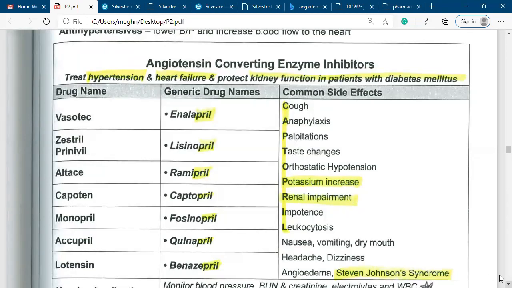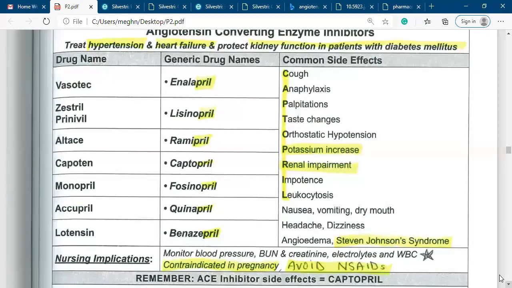So here are important some common side effects and also nursing implementation. Before we go to the common side effects, I want to share with you the nursing implementation. It is so important for LPN, it is so important for RN. So what is the nursing intervention? As I told you, one, it is contraindicated during pregnancy, right?